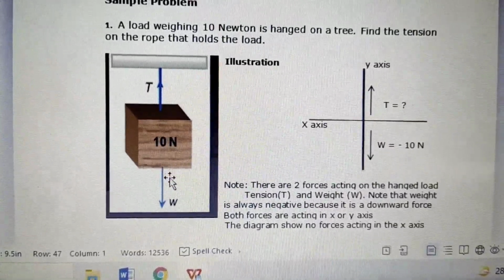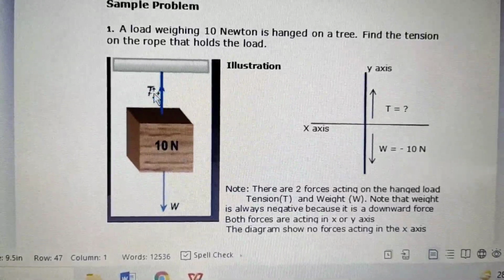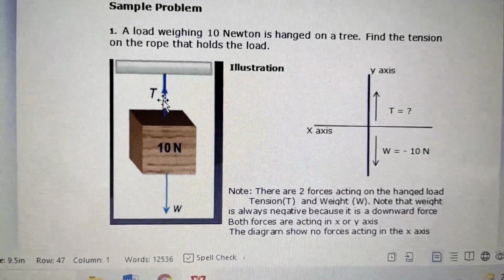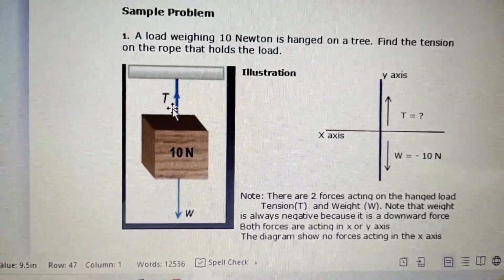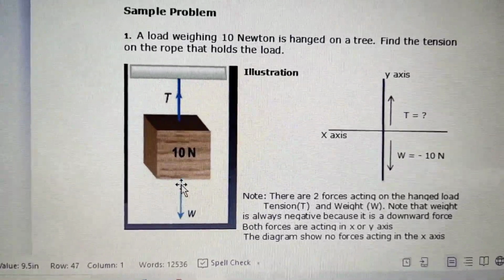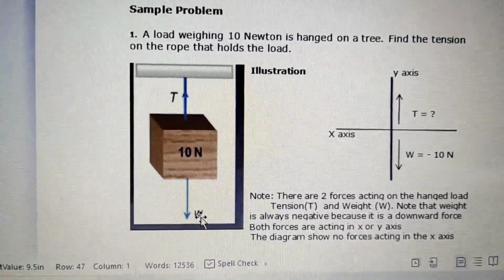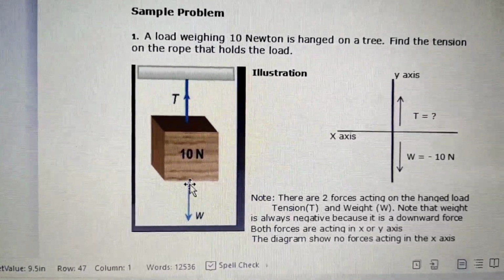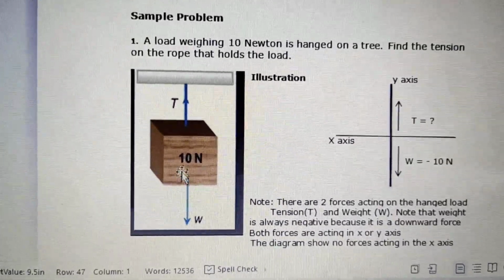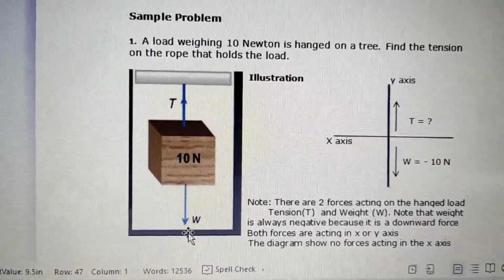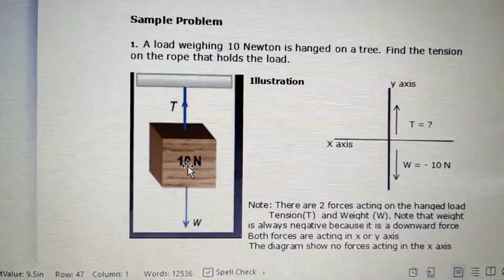If you look at the illustration, there is an upward force, which is our tension force, because it lifts the load, which is 10 newtons. And then there is a downward force here, which is represented by the weight. It is the pull of gravity towards the center of the earth on this load.